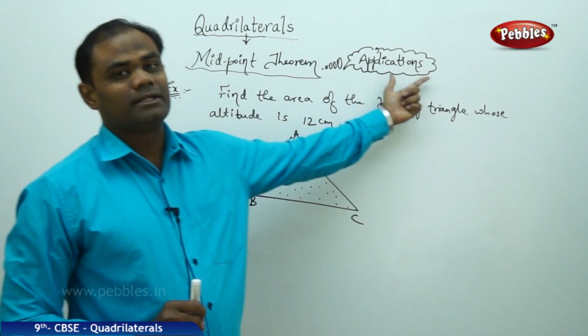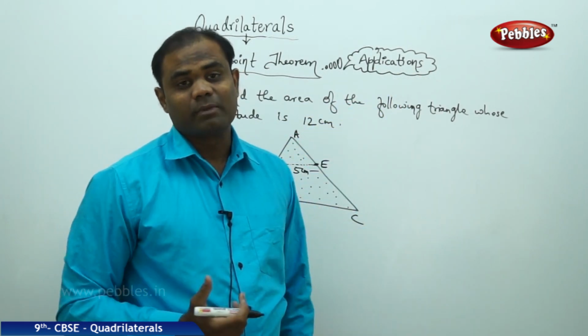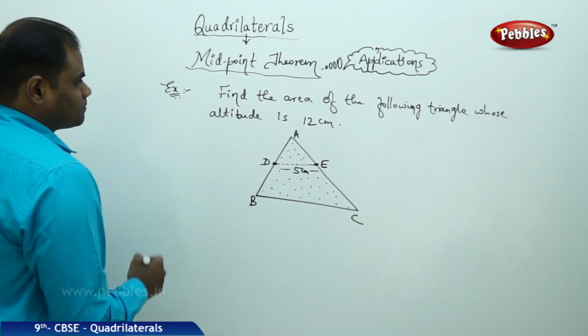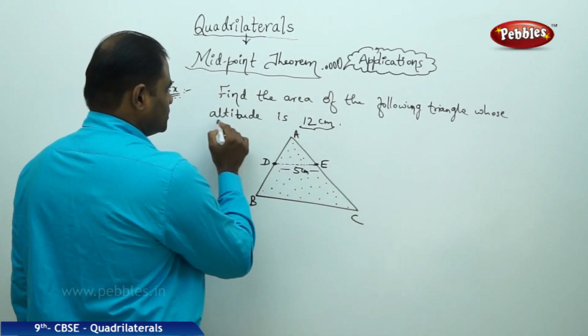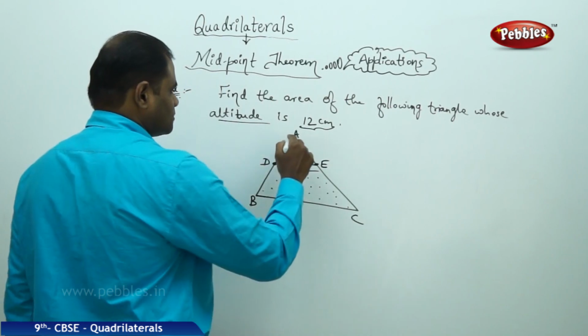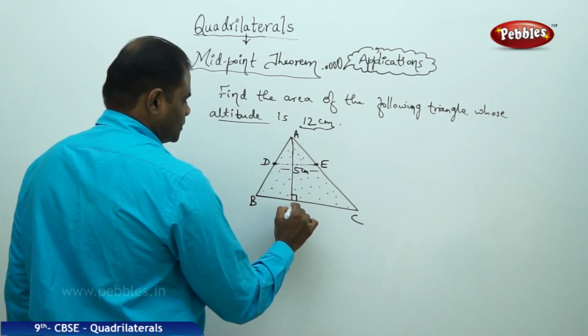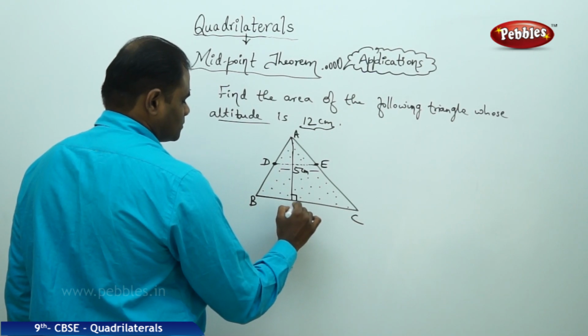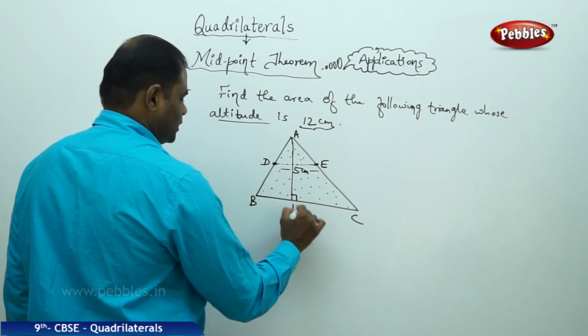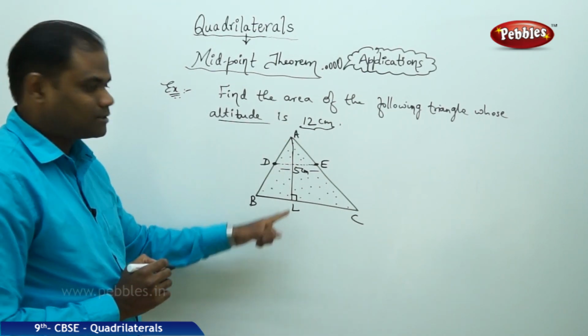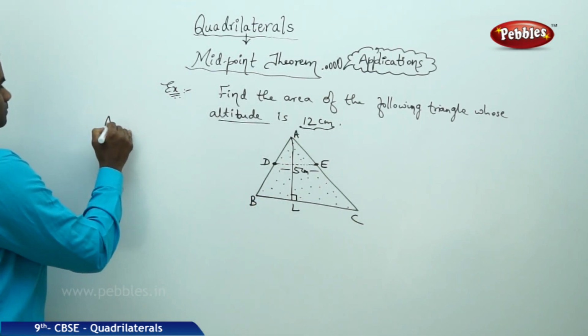So let's see how I can find the area of this triangle using the concept of the midpoint theorem. Now the altitude is given to be 12 centimeters, that is my altitude which drops as a perpendicular from here. Let me take this to be AL.